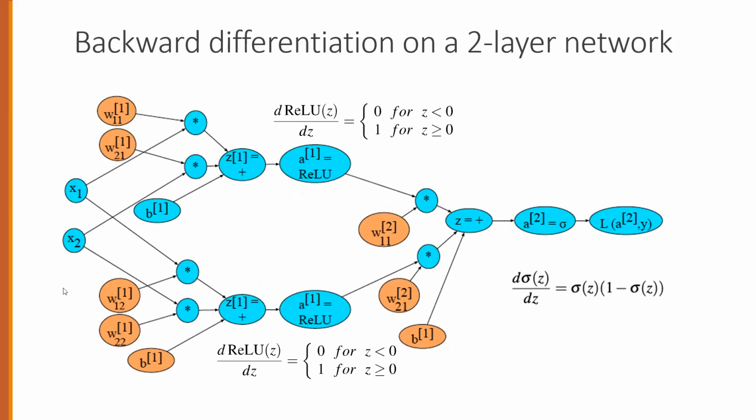The weights that need updating, those for which we need to know the partial derivative of the loss function, are shown in orange. So for the particular example x1 and x2, we would run the forward pass, assign values to each of our nodes, and then starting with this last node, do the backward pass.